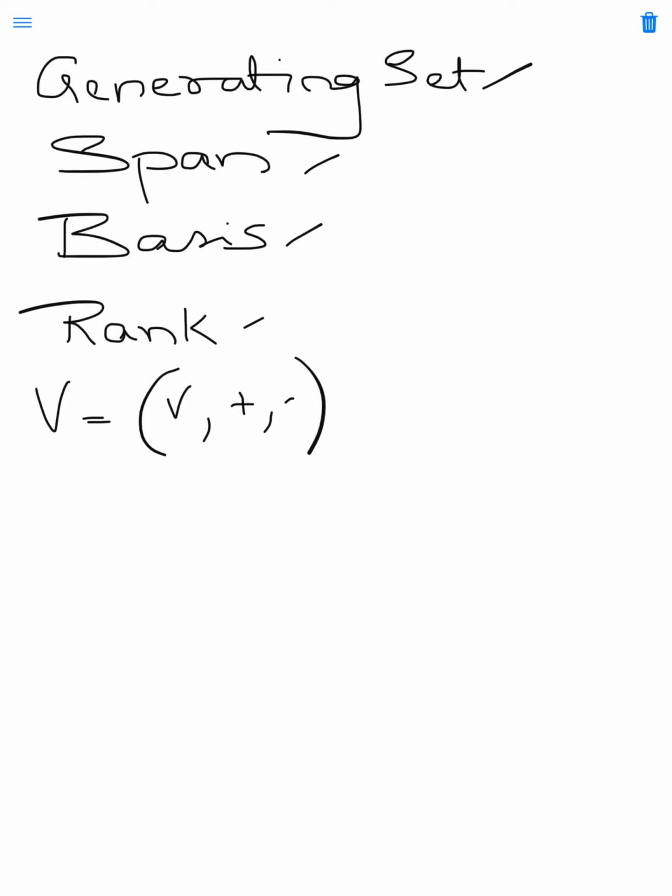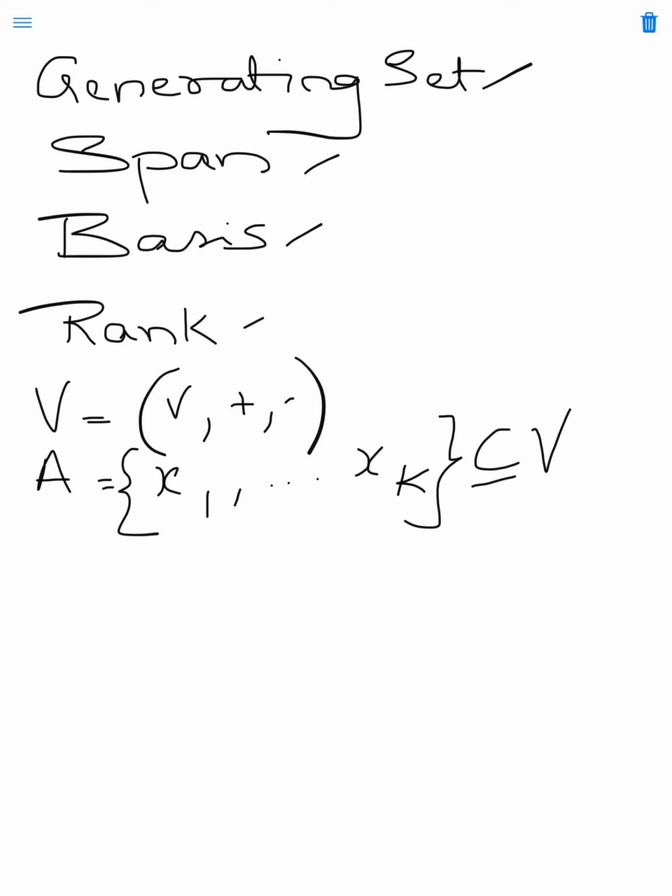So if a set of vectors is named as A, which has x1 etc. up to xk, which is a subset of V, then any element that belongs to this vector space V can be expressed as a linear combination.